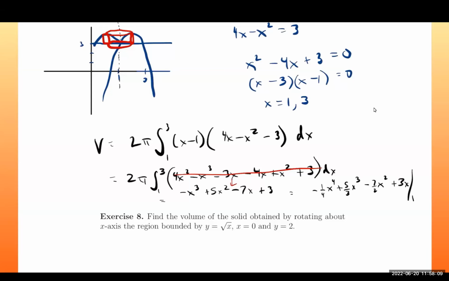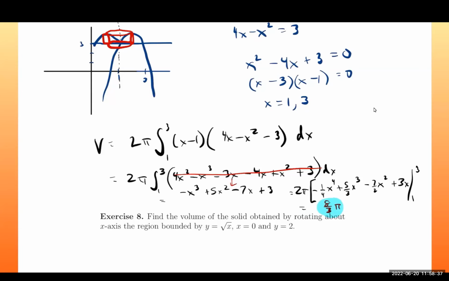And we're going from 1 to 3. And don't forget that we still have the 2 pi out in the front. So now if you plug in 3 and then minus 1, I'm going to save us the time, but you can obviously use your calculator to do all this computation. You should end up with 8/3 pi as our final answer.